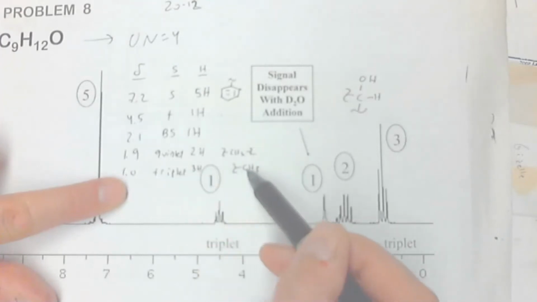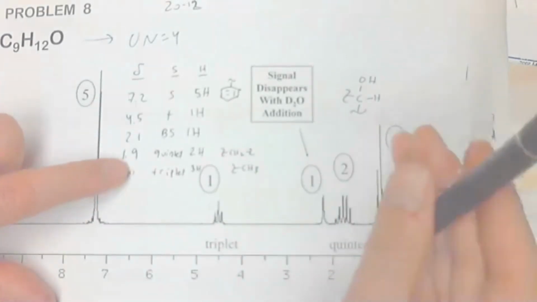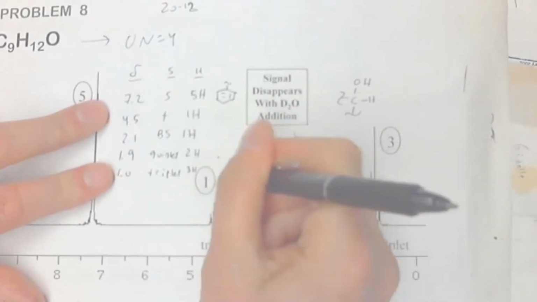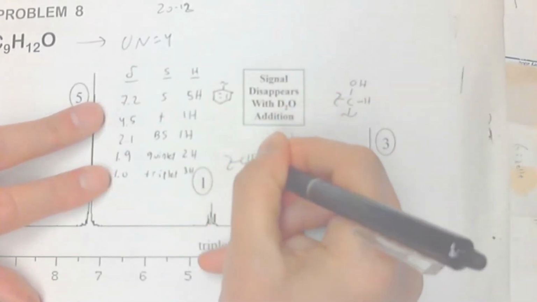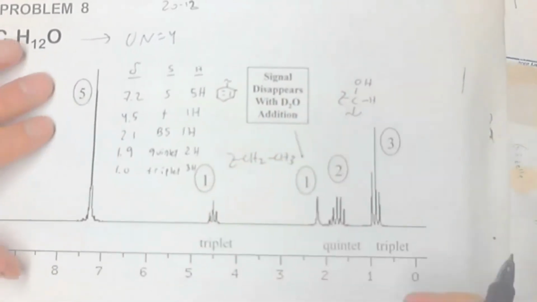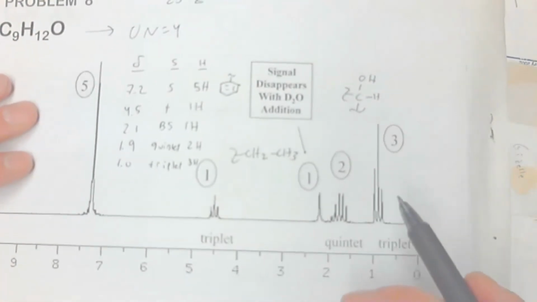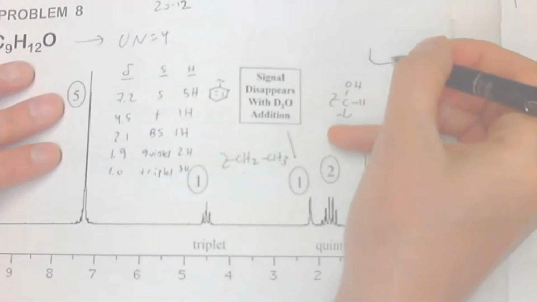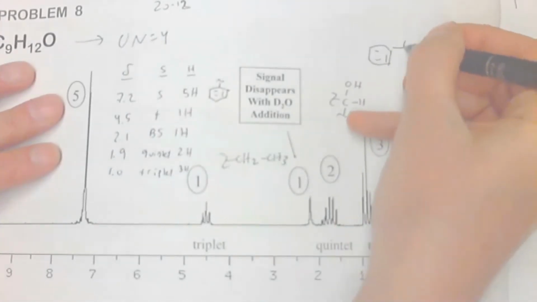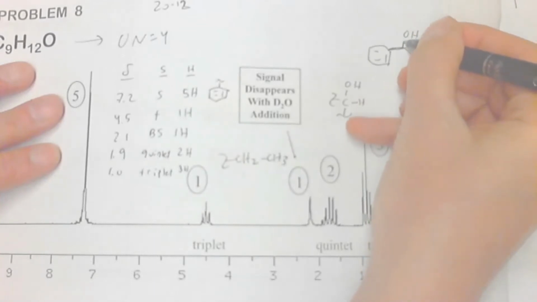CH3 triplet must be next to the CH2, which is an ethyl group, right? Two end pieces, one middle piece, done. Isn't this cool? It's a really universal strategy. I'll draw the problem, then I'll stop the recording. That's the answer.